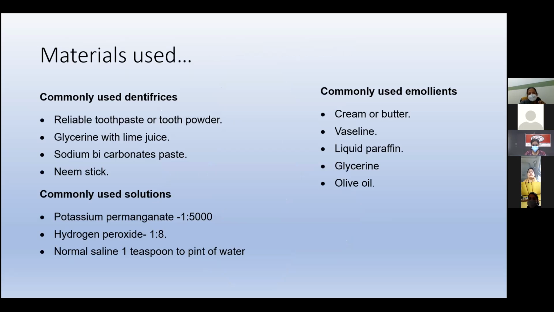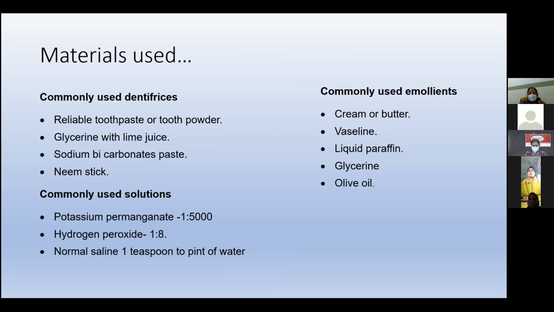So what are the materials that are used? We know that generally we use different types of toothpaste or tooth powder. Many times sodium bicarbonate paste is also used, neem stick, even H2O2 we use in hospital.